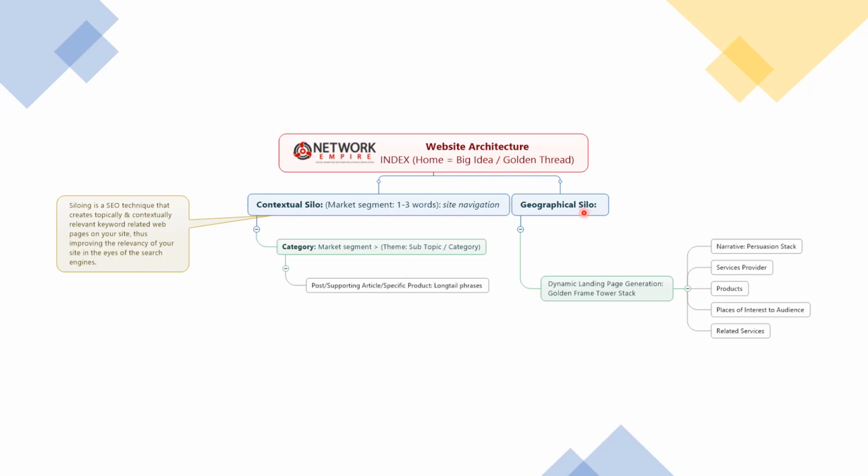What's great about Magic Page is it's a dynamic landing page generation tool. And with this, we can create our golden frame stacks. Why do we call it the golden frame? Number one, we control the hosting. So we control the header, the footer, and the site navigation. Plus, we can control the content that comes in.